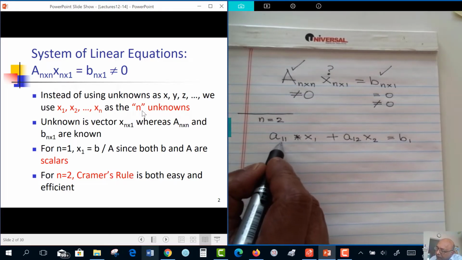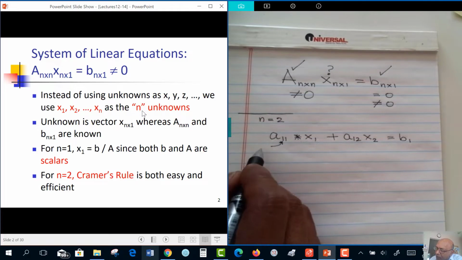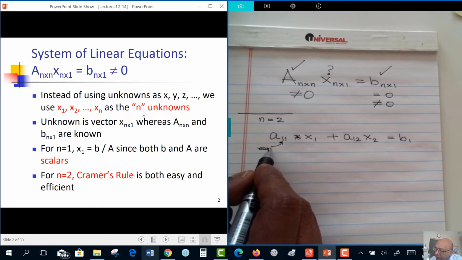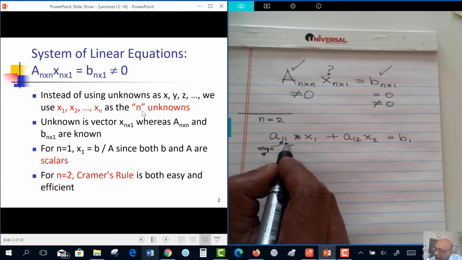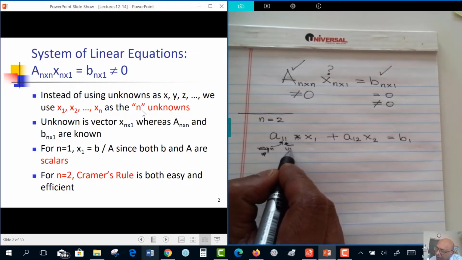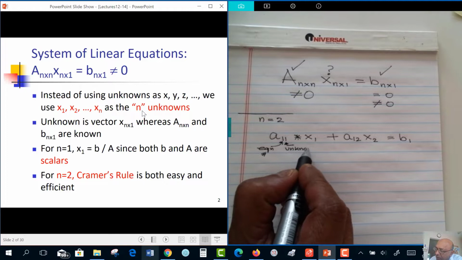Notice our first subscript, the row number, is the same as the equation number, and the second subscript is our unknown number.